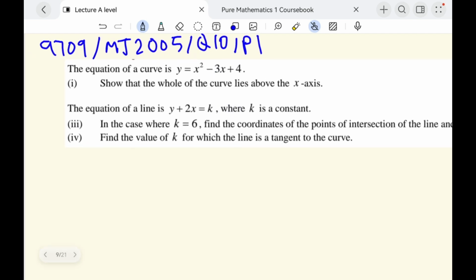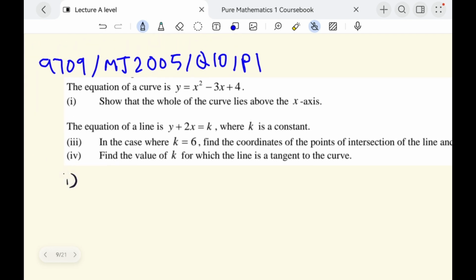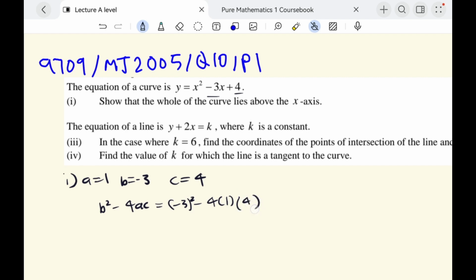So how to show that? Of course, you can directly apply the discriminant. Identify your a is 1, your b is -3, and your c is 4. Carry out the b squared minus 4ac to test the discriminant. So just substitute inside, then you'll find it. This is 9 minus 16.